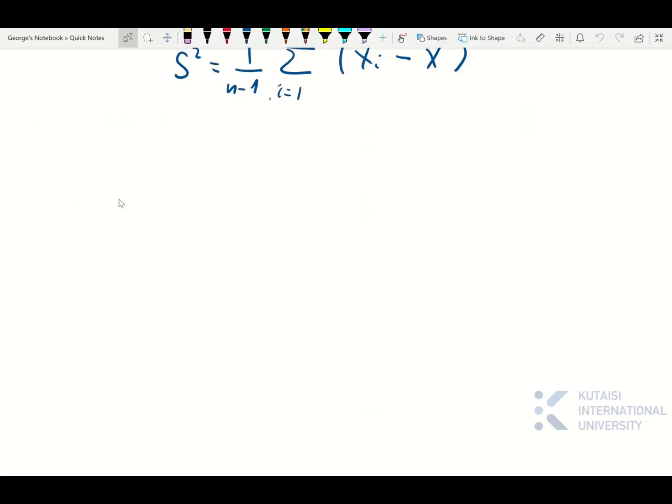Let's take any function. Let's say f of x1, x2 is 2x1 plus 5, then subtract x2 and add 3.